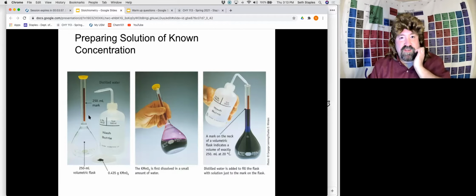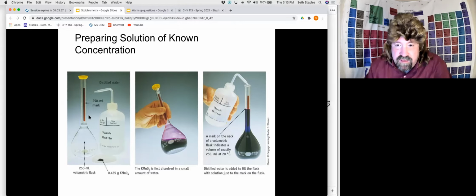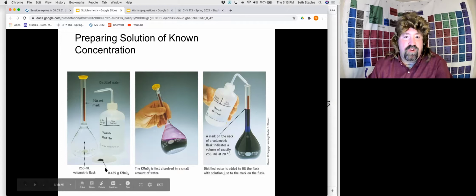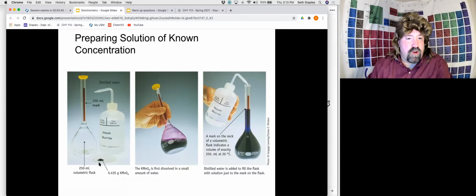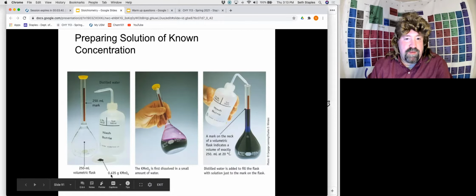In this case, I don't see what the molarity is, but we're looking to make a solution of potassium permanganate, so this nice purpley color. In order to make whatever concentration solution we're trying to make here, we needed to measure out 0.435 grams of our solute.